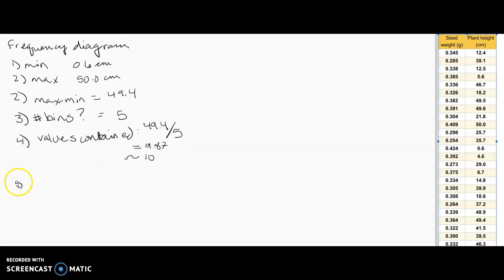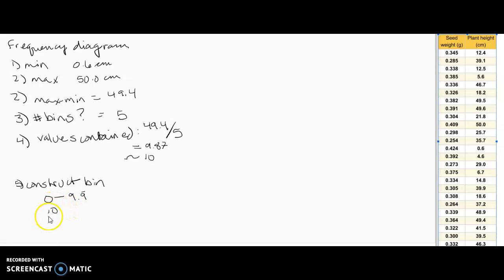I then construct my bins and count the number of individuals in each bin. To construct my bins, I start with the minimum, which was 0.6, and I'm going to round down. So I'm actually going to start with 0, and I'm going to go to 9.99999, since each bin is worth 10.